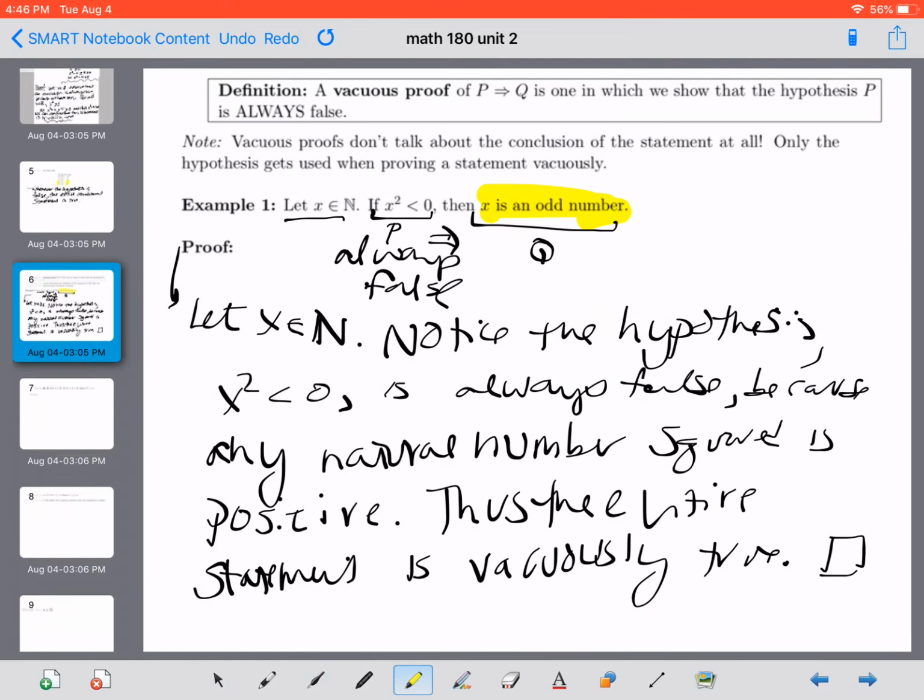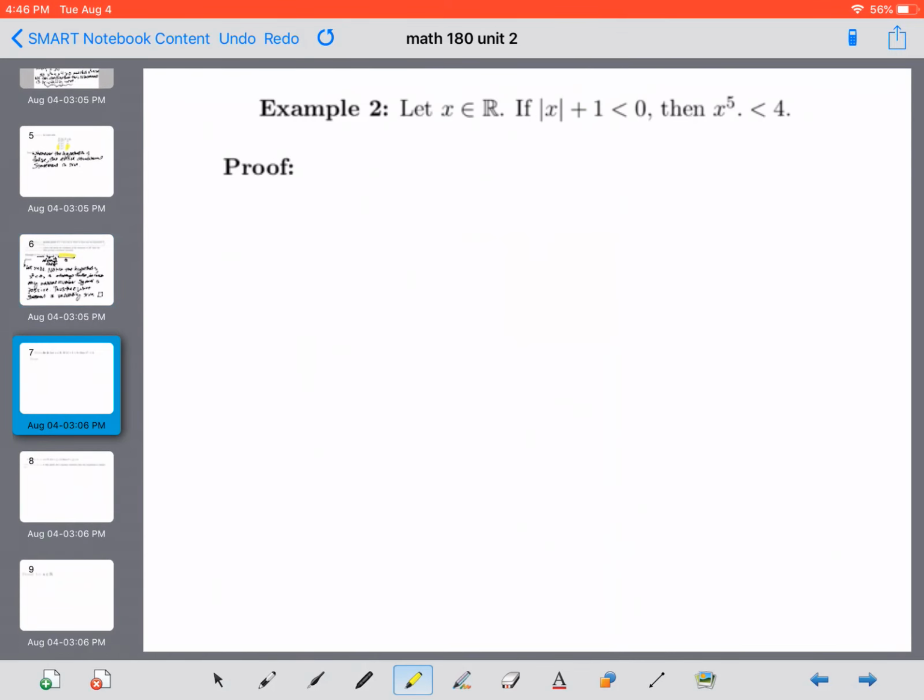All right, another example: let x be an element of R. If the absolute value of x plus 1 is less than 0, then x to the 5th is less than 4. Okay, so here's our hypothesis, P. Here's our conclusion, Q. Is the hypothesis always true here? Well, yeah, it is. Wait, no, it's not.